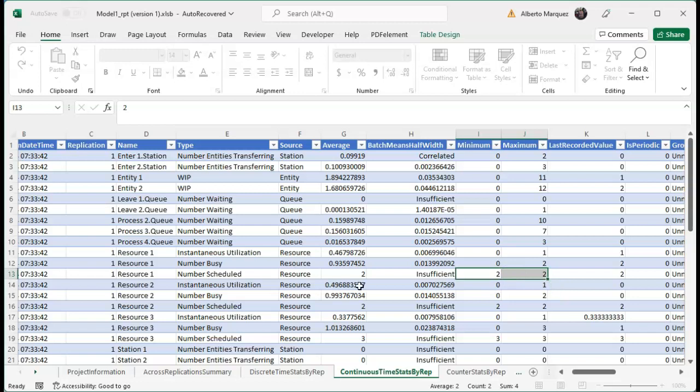There are no failures. The average is 2, and therefore the data is insufficient to generate a confidence interval. Again, the system is not smart enough to know that we don't care about that. It's just going to generate, based on the algorithms, either the number, or correlated, or insufficient.